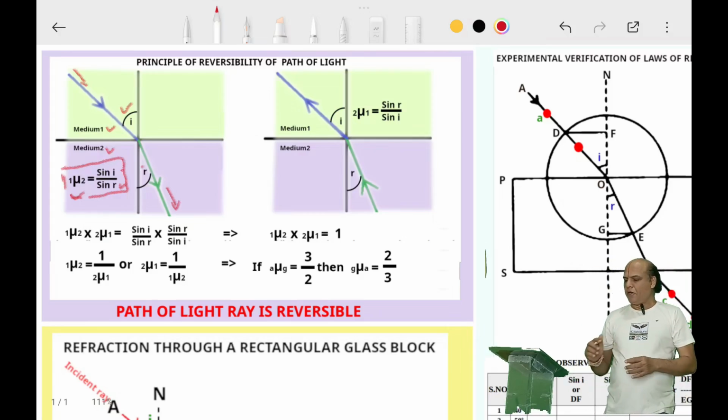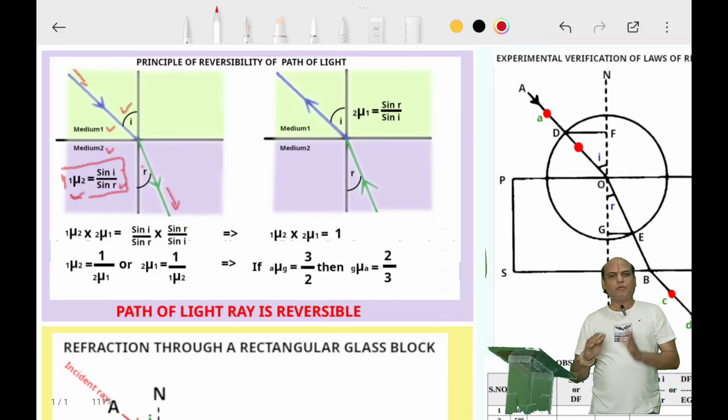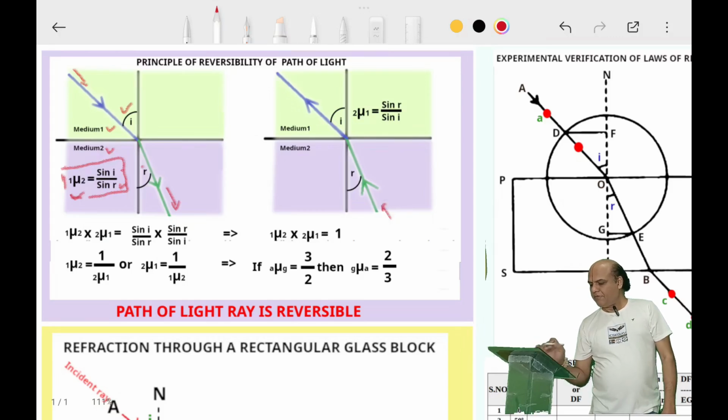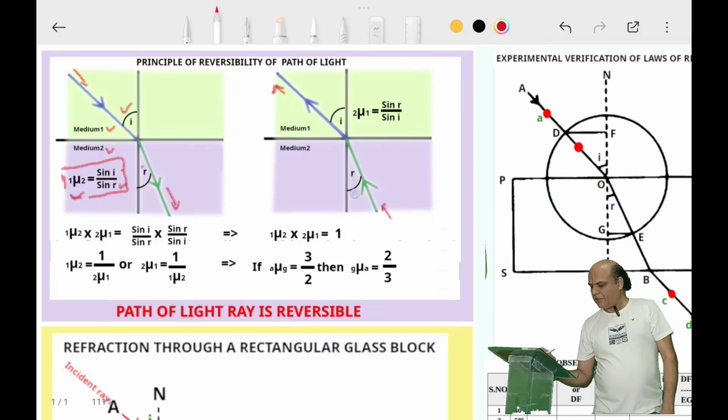Now, what if I make the light ray move in the opposite direction? That is, the incident ray is coming from here, from medium 2, and is getting refracted in medium 1. This is the refracted ray and this is the incident ray. The angle is the same, R, because we are taking the incident ray here. Medium 2 is the incident medium, so the light is traveling through medium 2.